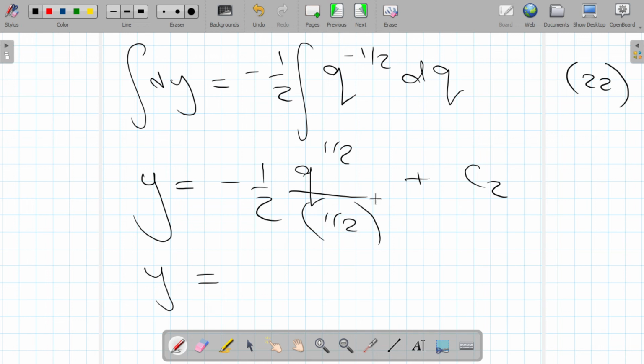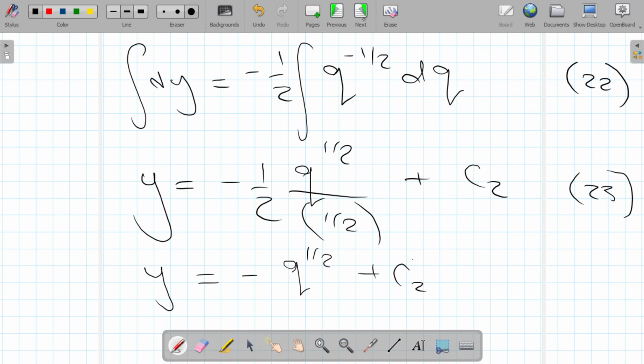Another way of rewriting this, which I'll call equation 23. Another way of simplifying this is first, if you divide the q to the half by a half, you get 2q to the half. And we've already got that minus a half there, plus c2. And of course the 2's just cancel. So instead of doing all the working for that one, which I've done anyway but now erased, we get minus q to the half plus c2.